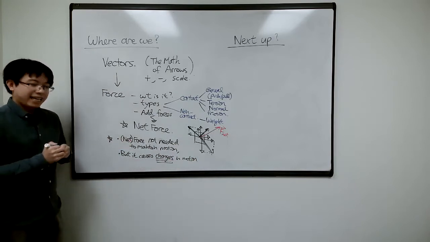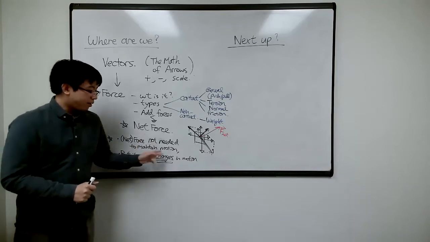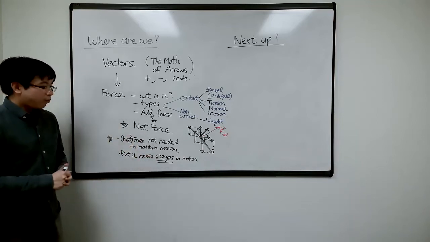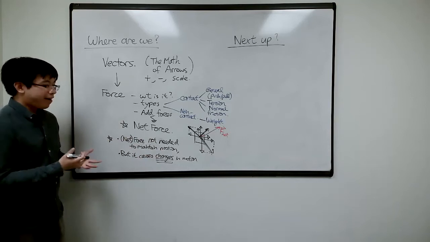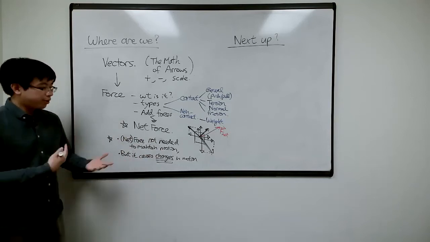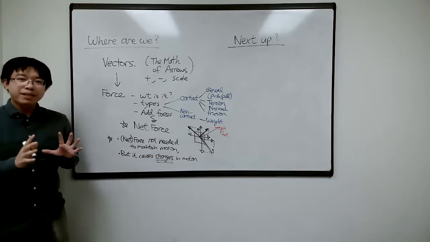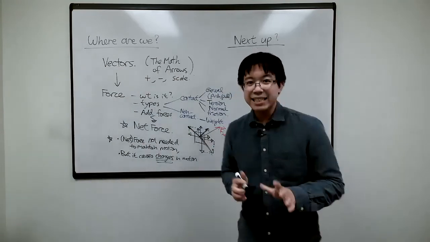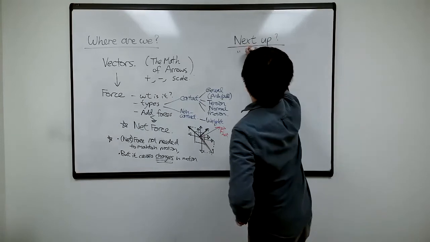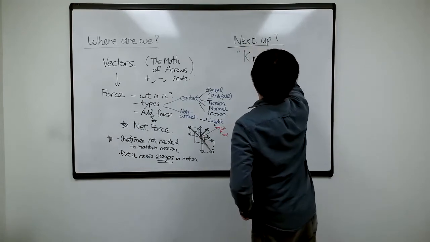And where is this taking us, right? We talked about the word motion a couple of times, but we haven't really studied and defined what it means. I've thrown around the words acceleration and velocity. So now we need to properly be able to analyze that. And that takes us to the topic of kinematics.